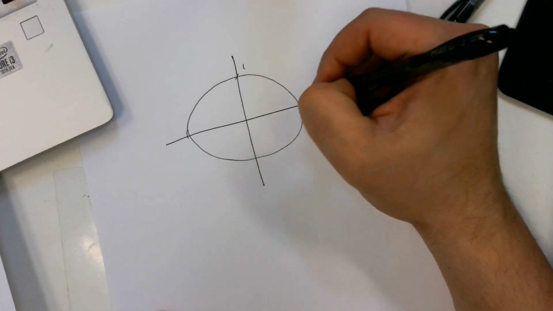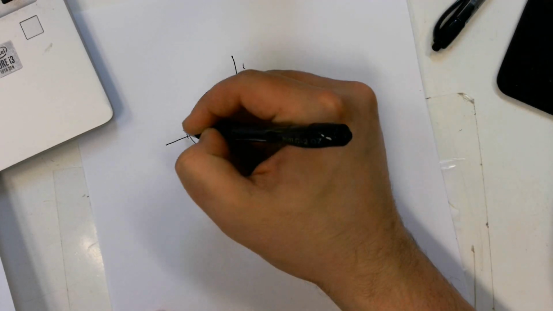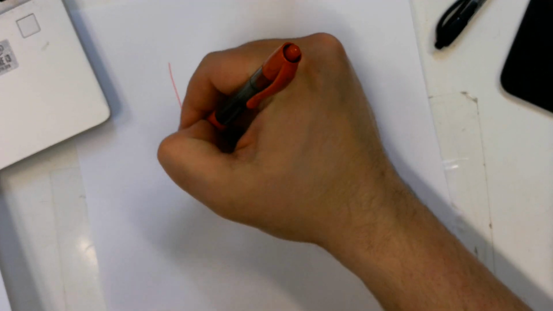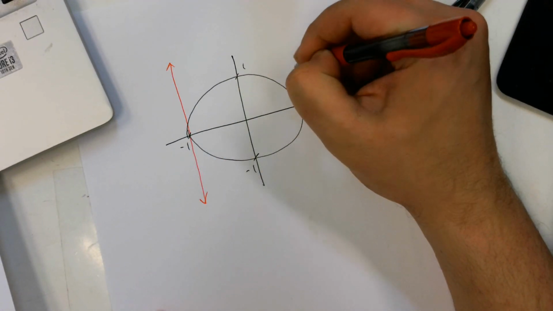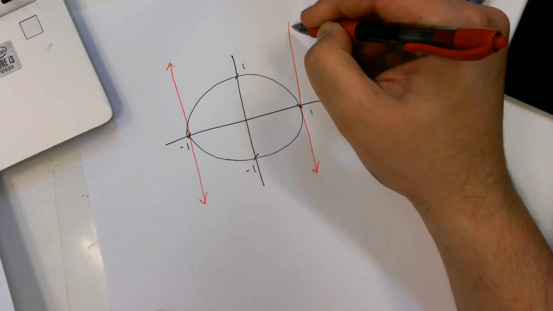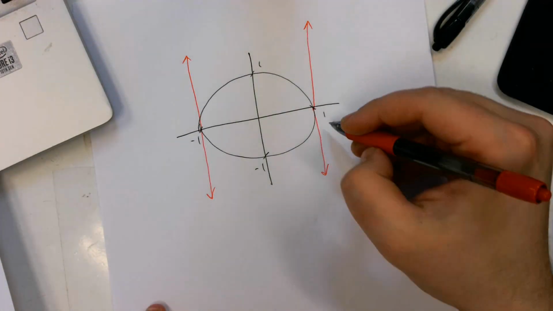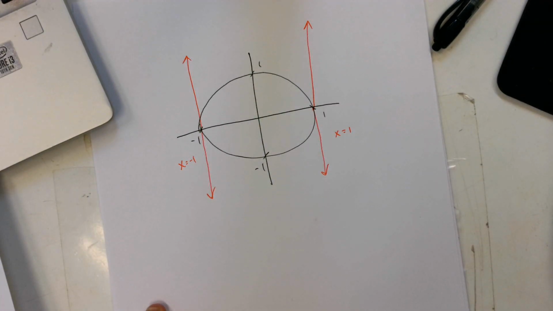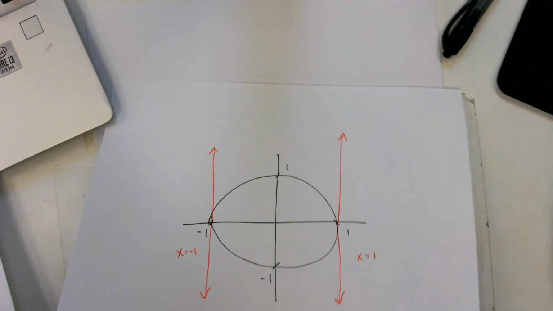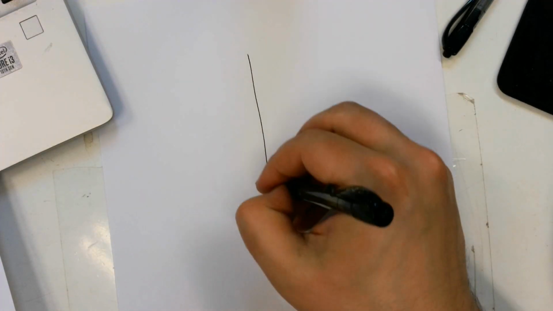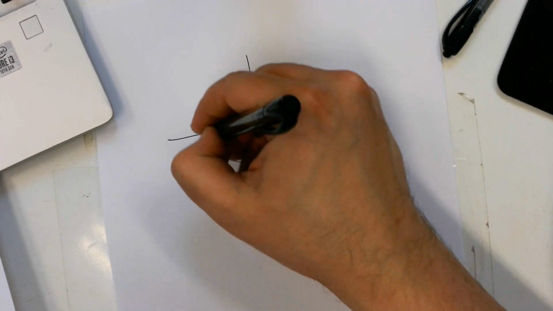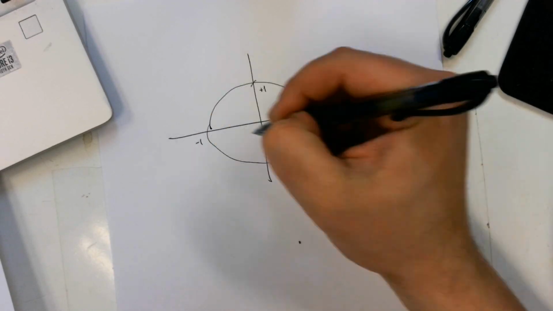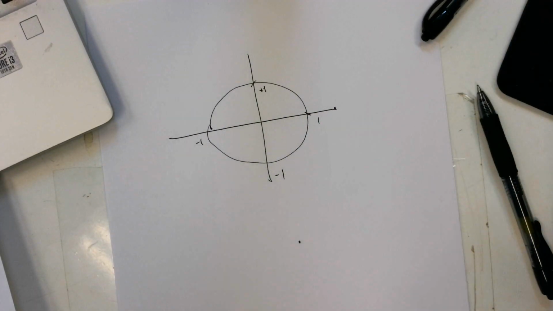This is my crappy unit circle. It goes out to 1, 1, negative 1, negative 1. My vertical lines that are tangent to the curve are these. X equals 1 and x equals negative 1. Similarly, if I just redraw this again, my horizontal lines are these.